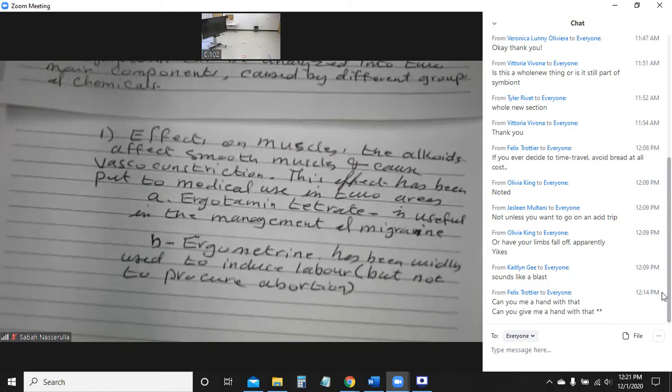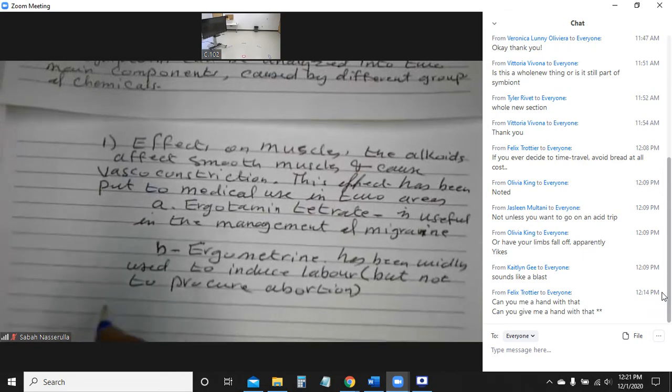The other one, which is already mentioned, has the effect on the central nervous system. So we'll talk about that one a little bit here.